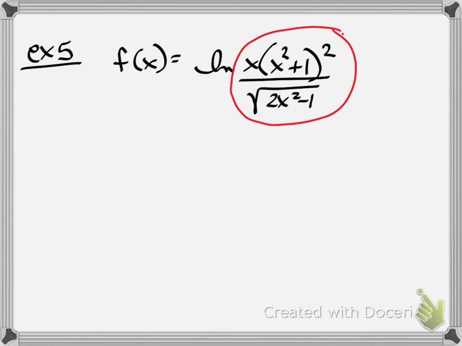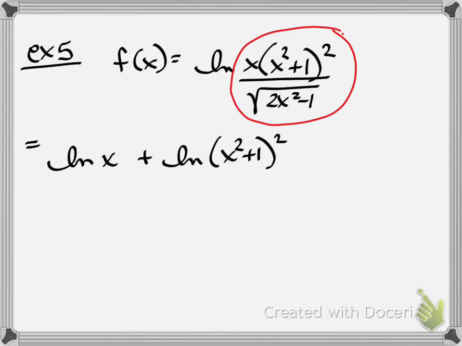Let's use log properties to expand. So that's the same thing as the ln of, this is a big product at the top, so break it apart, ln of x plus ln of x squared plus 1 squared. So that was the log of this product.